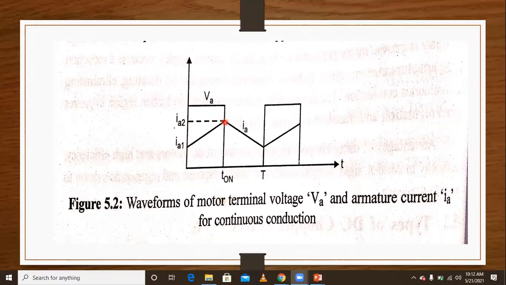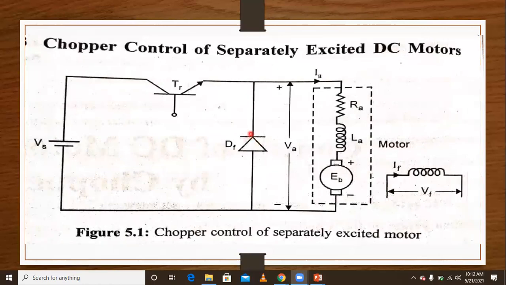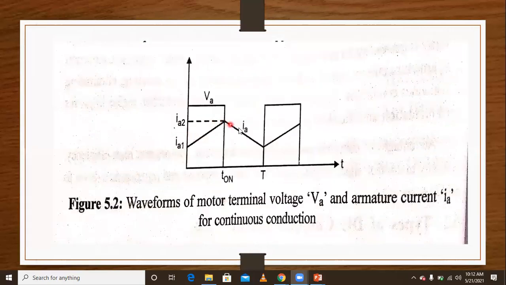That means the load current freewheels and starts to decrease by using the freewheeling diode. So the load current IA is decreasing like this.